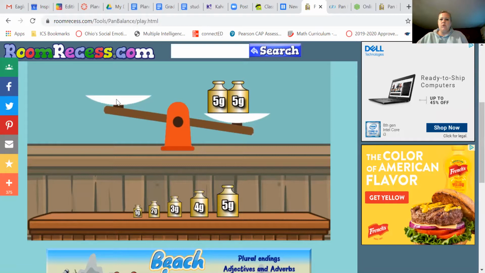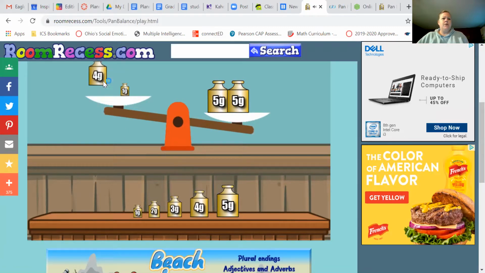Right? The heavier it is over here as compared to here, it's going to go all the way, right now this should actually go all the way down to the table, but it's a computer, it's not going to. But I'm going to show you, so I have how many grams over here? 10. So if I put one tiny little gram over here, what's it going to do to this side? So it moved it just a little bit, but not enough to make it flip.